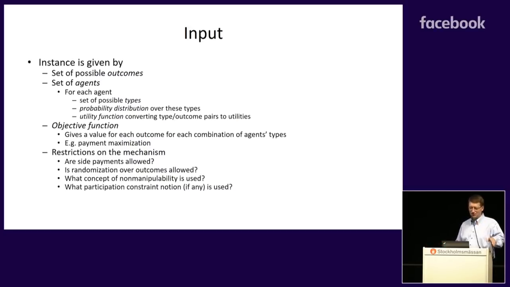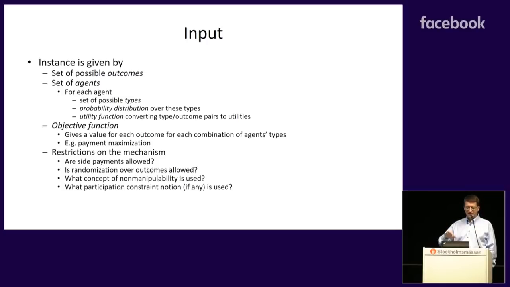So an instance of the automated mechanism design problem is given by a set of possible outcomes. These are the choices that we can choose among, and the outcomes can include allocations and payments. Then there's a set of agents, and for each agent, we have a set of possible types. The types characterize the agent's preferences.